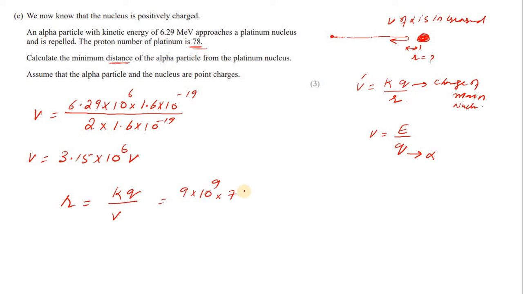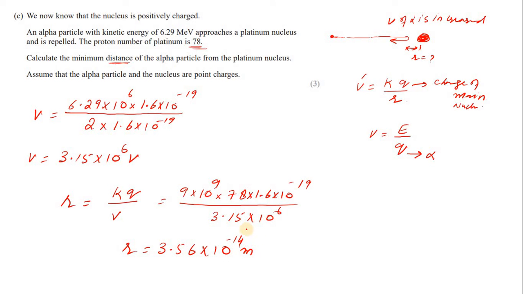So the total charge will be 78 times 1.6 times 10 to the power minus 19. This is KQ divided by V. V we have found, 3.15 times 10 to the power 6. You simplify this, then R would be equal to 3.56 times 10 to the power minus 14 meter. This is the minimum distance between the alpha particle and the nucleus.